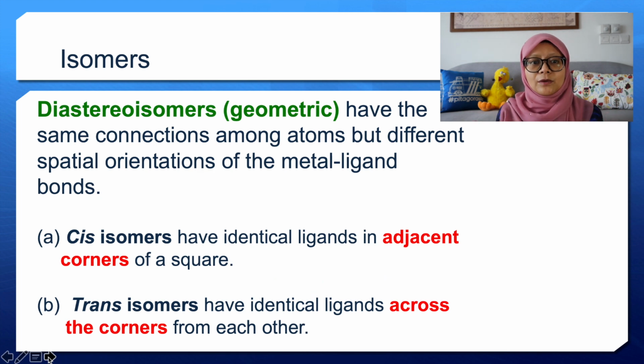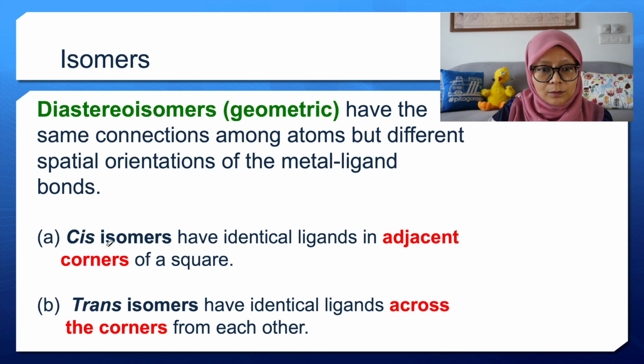The diastereoisomers, or geometric or cis-trans isomers, have the same connections among atoms, but different spatial orientation of the metal-ligand bonds. For the geometric, we have 2 types of isomers, cis isomers and trans isomers.